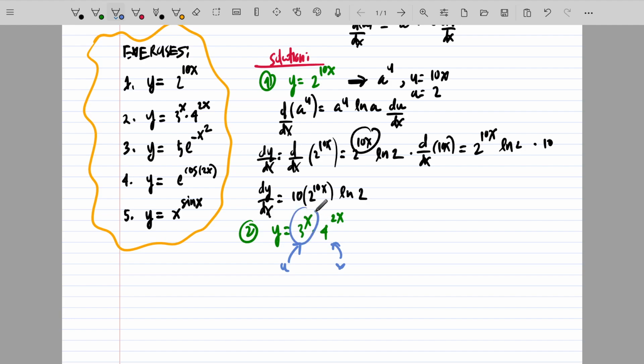So we have two functions here, which means we will use the product rule. The derivative of ub is equal to u db plus b du.